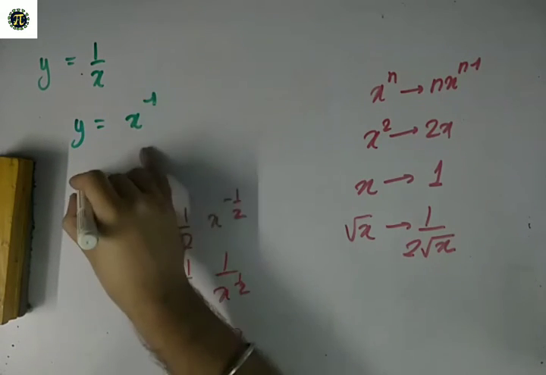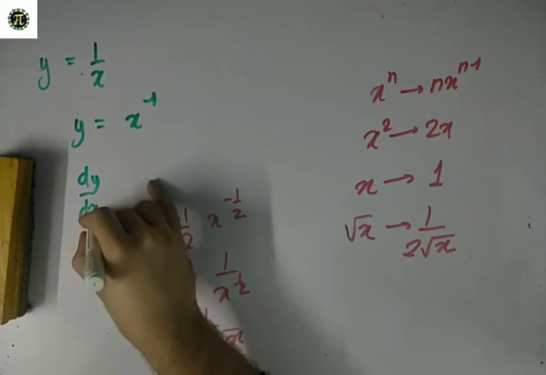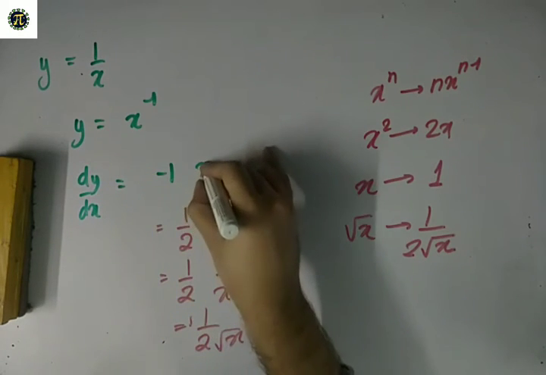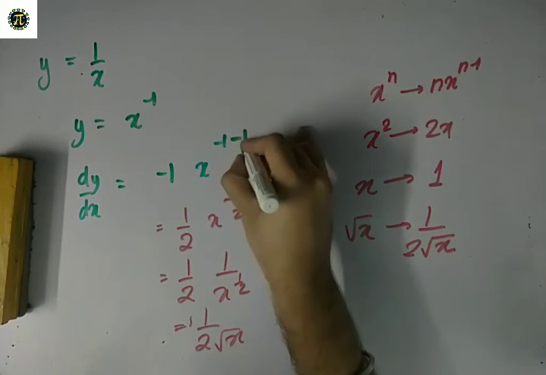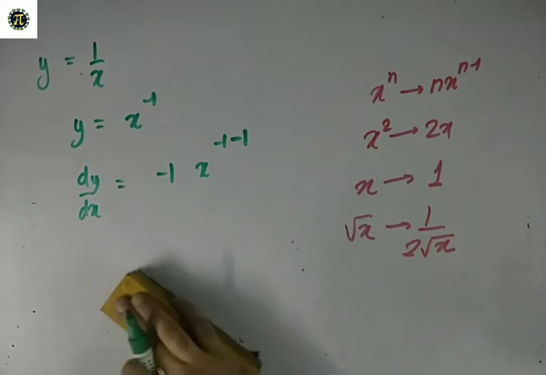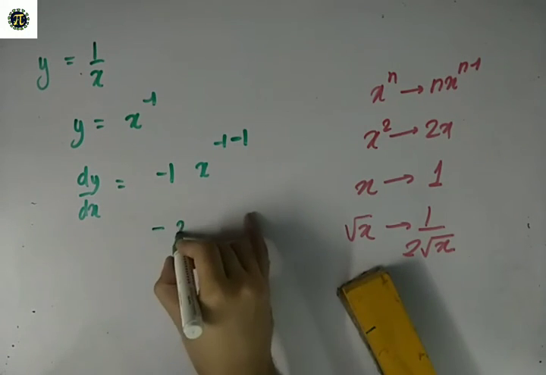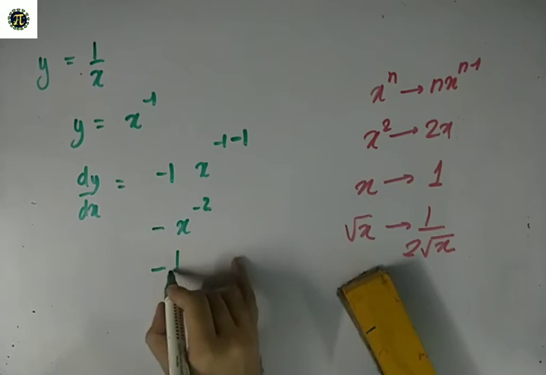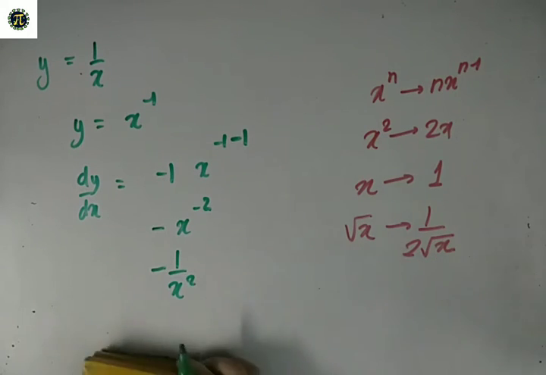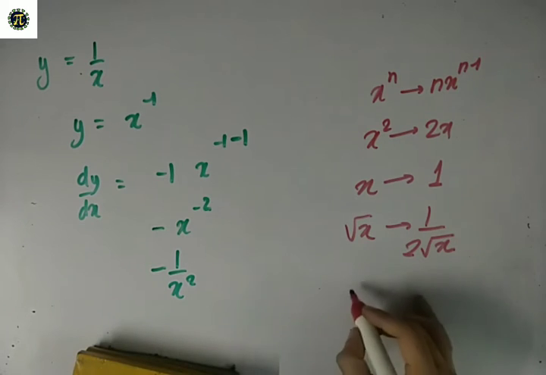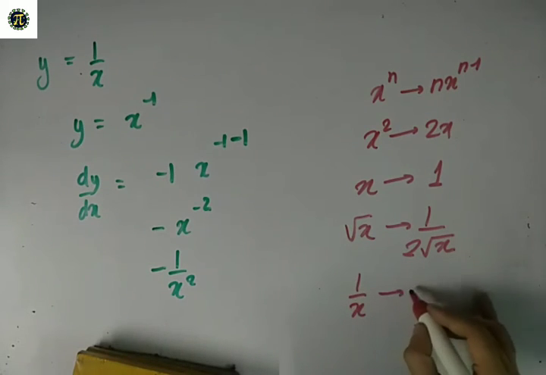And we can still use the same formula, dy by dx. So carefully, minus 1 outside, x to the power minus 1, and what will we subtract from minus 1? 1. Okay. And we have minus x to the power minus 2, and that is minus 1 by x square. So we have one more important formula in this list: 1 by x has a differentiation of minus 1 by x square.